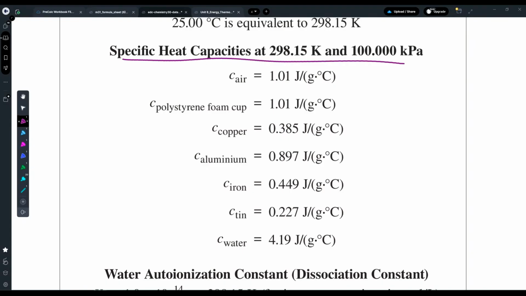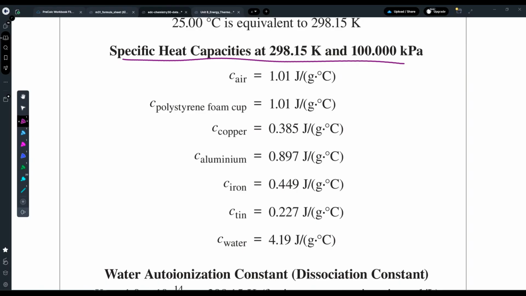Okay, so the specific heat capacity for air is 1.01, same with polystyrene foam cup. Copper has 0.385 joules per gram degree Celsius, so on and so forth. And out of this list, we can see that water has the highest specific heat capacity, okay, at 4.19 joules per gram degree Celsius.